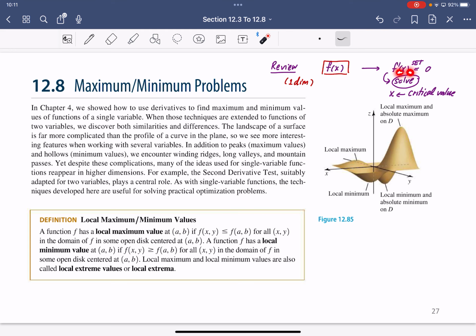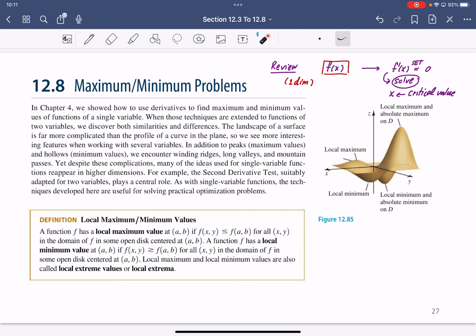Then you're gonna have 2 equations, a system of equations. After that, you solve for x and y. That x and y are gonna be your critical points. And once you have your critical points, you can plug into the function and use the second derivative test to show that it's actually a maximum or minimum.